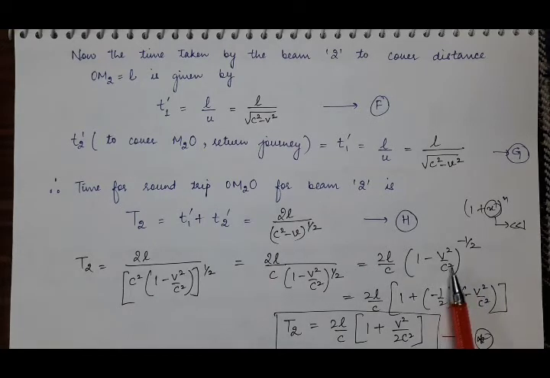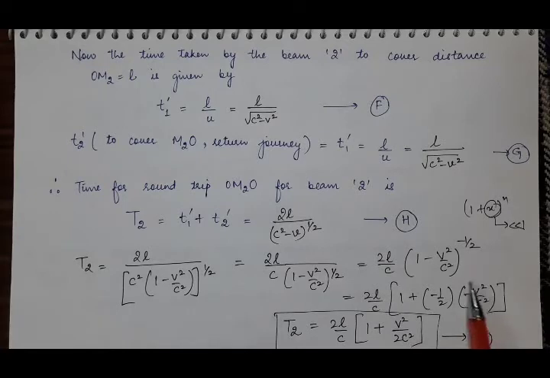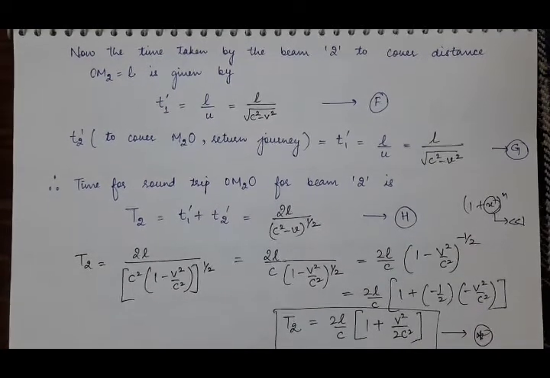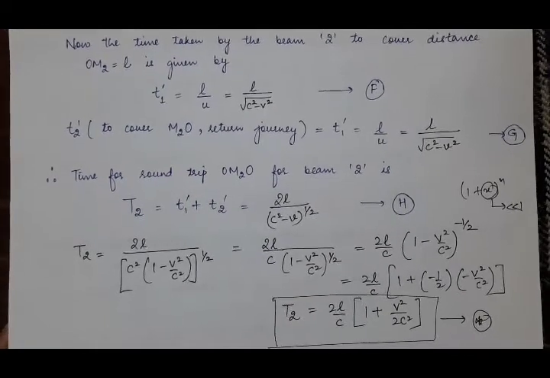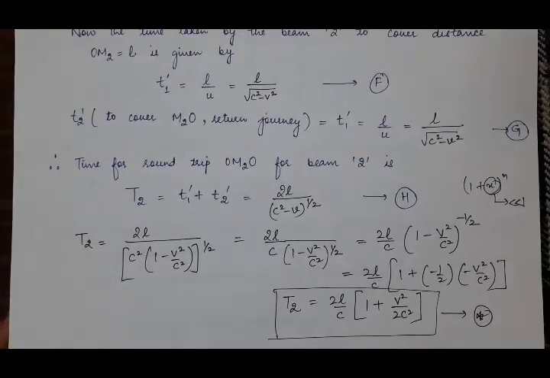So we can use the binomial theorem, means 1 plus n into x. Higher terms are neglected because this v square by c square is very, very smaller than 1. So higher terms will be even smaller. So after solving this, the time taken by light beam 2 for its round trip is capital T2.